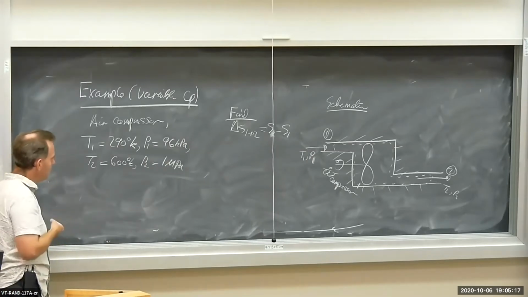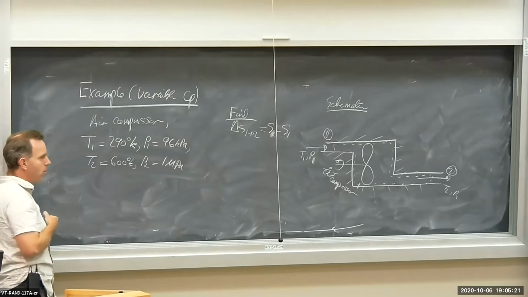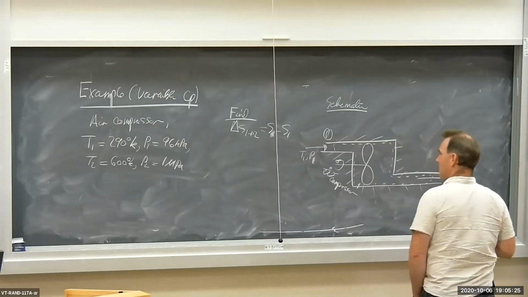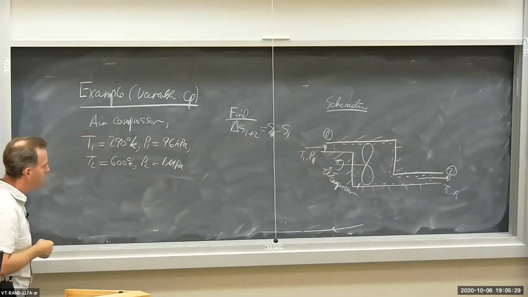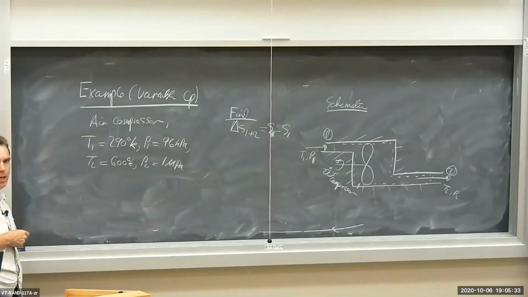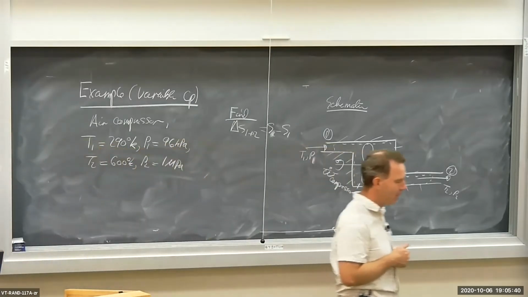So the inlet temperature is 290 degrees Kelvin, basically room temperature. And the pressure is approximately an atmosphere, 96 kPa at the inlet. At the outlet, the air temperature is 600 degrees Kelvin and the pressure is 10 megapascals, which is approximately 10 atmospheres. So we have an air compressor here. Pressure has gone up, temperature has gone up between the inlet and the outlet.